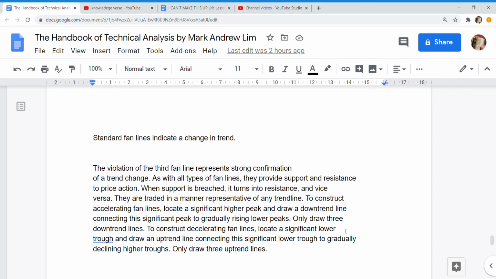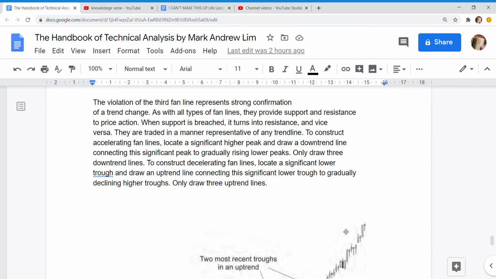The violation of the third fan line represents strong confirmation of a trend change. As with all types of fan lines, they provide support and resistance to price action. When support is breached, it turns into resistance, and vice versa. They are traded in a manner representative of any trend line.